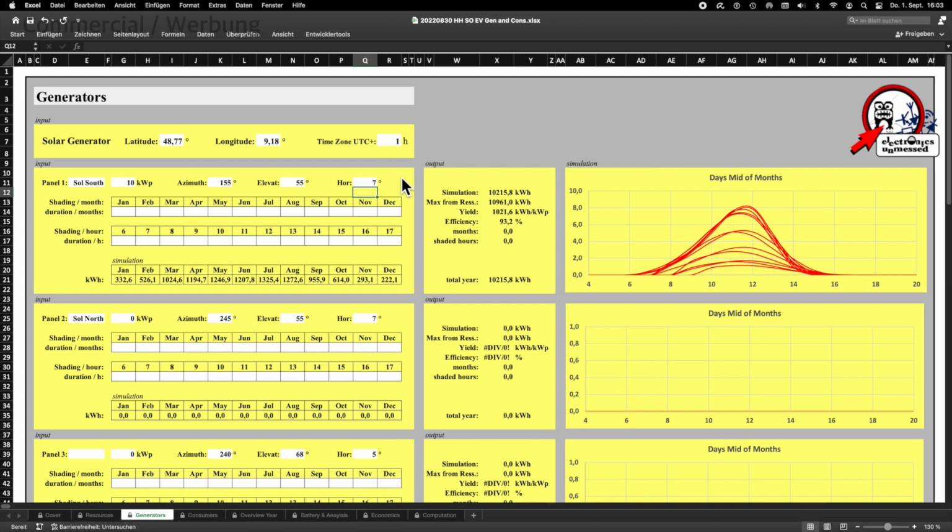As we want to make our simulation as realistic as possible, we can insert shading effects that might be caused by chimneys, trees, other buildings, etc. Let's assume we have a broad-leaved tree in front of our house, which is carrying leaves from April to September.